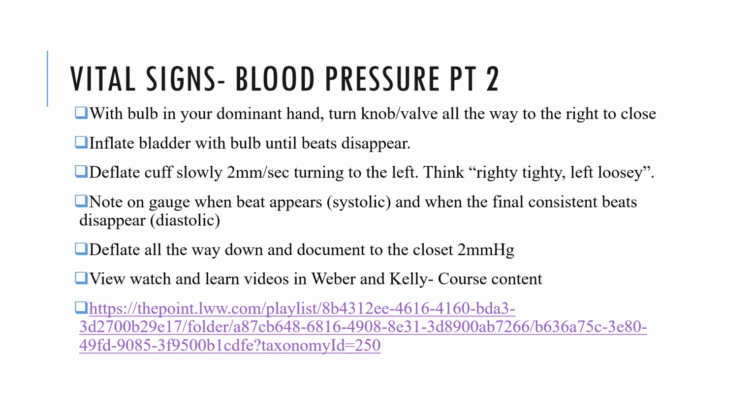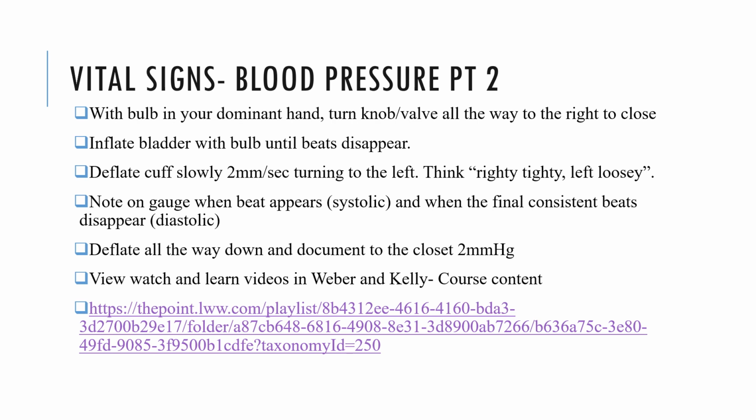You need to decrease the air in that bladder very, very slowly, about 2 millimeters of mercury per second. So you're watching the gauge as the numbers are going lower and lower.